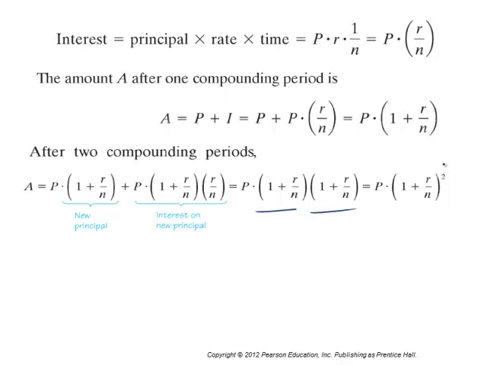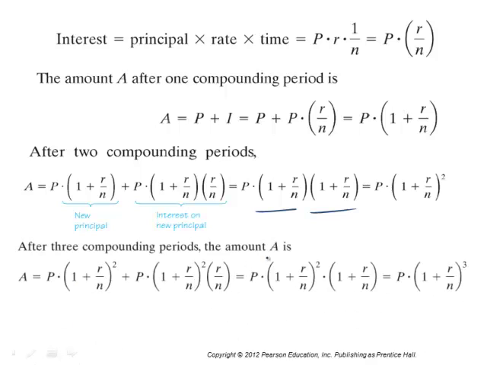So what do you think it's going to look like for the end of the third period? Is it going to be a repeat of the same, right? Except more complicated, but essentially the same. And what you end up with is really the same thing with the third power.